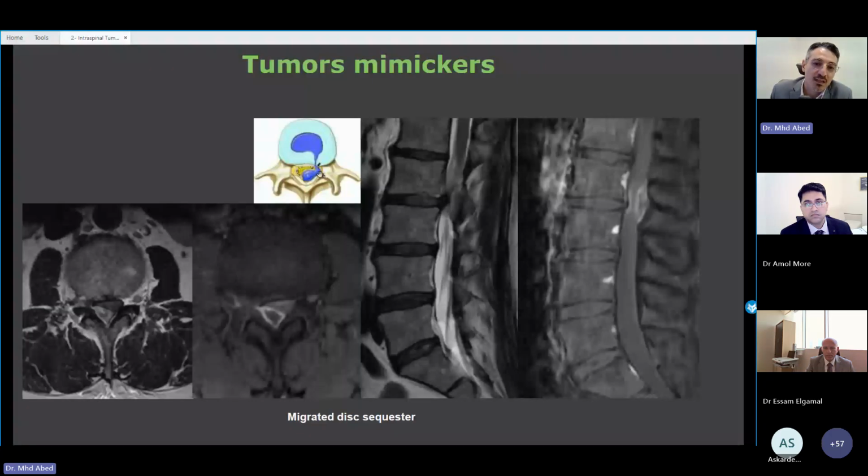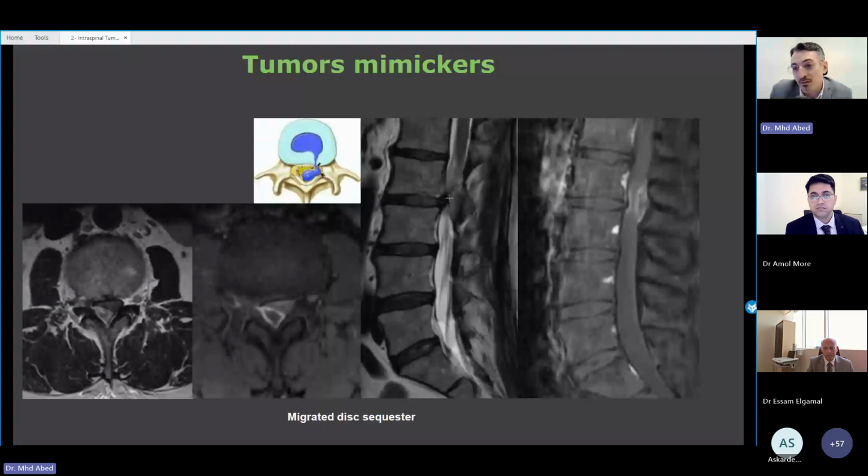Usually the sequester is on the anterior surface, but it could be dorsally, which will be very difficult to be confident to say it is a migrated sequester. But the key feature to diagnose it is, first, at the same level, usually there is disc herniation, and the signal of the lesion itself is inhomogeneous.